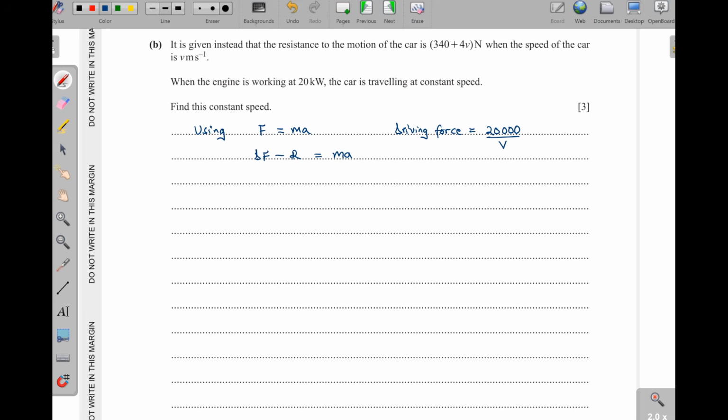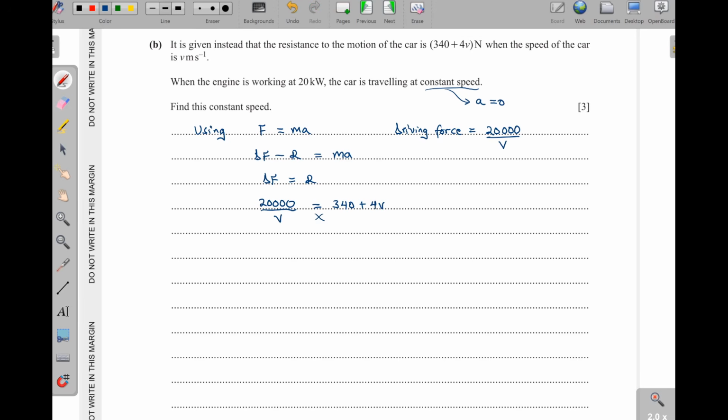And of course, for constant speed, acceleration will be equal to 0. So the driving force therefore will be equal to R. So the driving force is 20,000 over V is equal to the resistance force, which is 340 plus 4V.